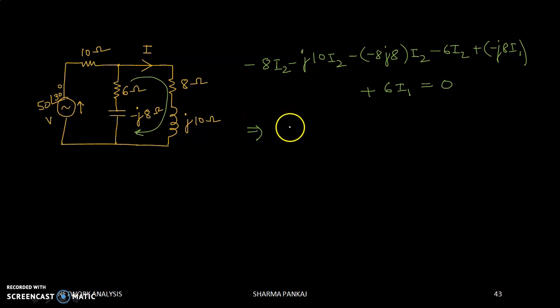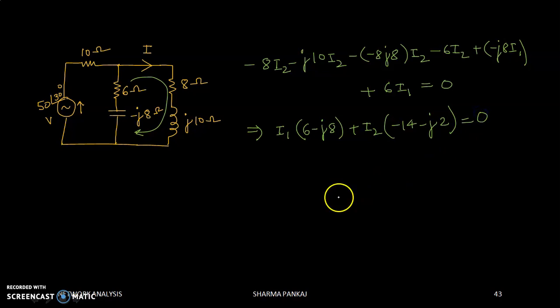This implies I1 times (6 minus j8) plus I2 times (minus 14 minus j2) is equal to 0.